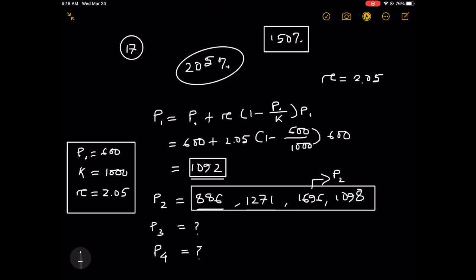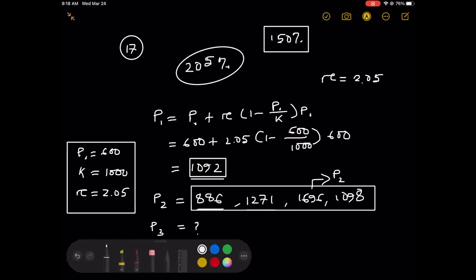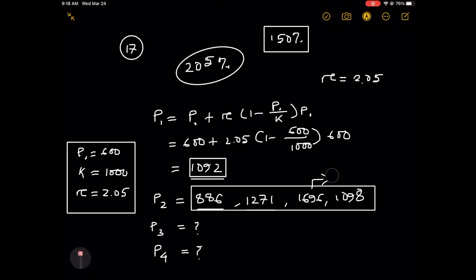Anyone? Is it the one that is less than 1,000 because that's the maximum? Would it be the one that is less than 1,000 because 1,000 is the maximum? Exactly. Very good.